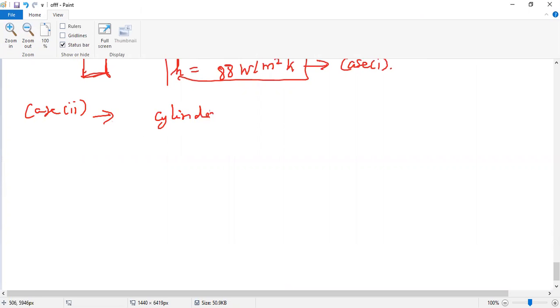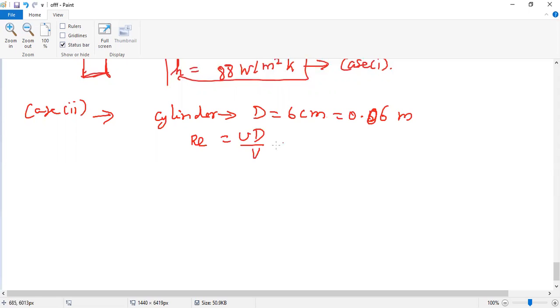Before, we worked with a square tube; now it is a cylinder section with a diameter of 6 centimeters, converted into 0.06 meter. Then we find the Reynolds number, UD divided by ν.